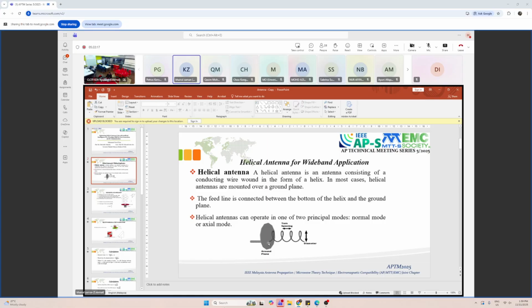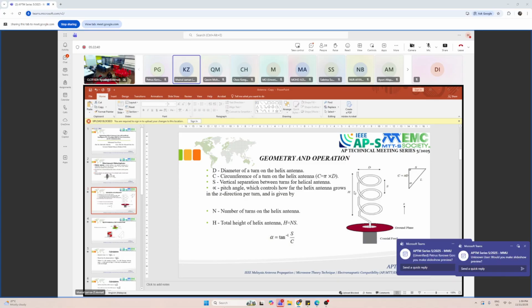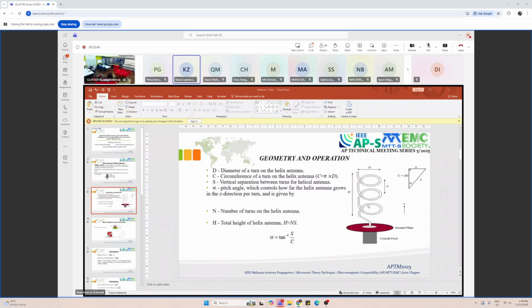The helical antenna works in two modes. One is the normal mode, another one is the axial mode. The geometry and operation, as we can see here, is the traditional helical antenna using wire. H here is the height of the helical antenna. D is the diameter.